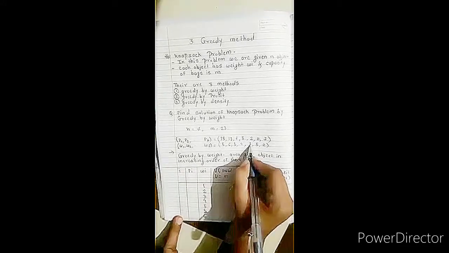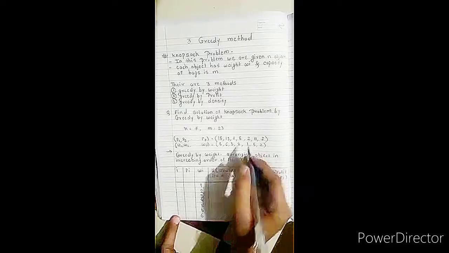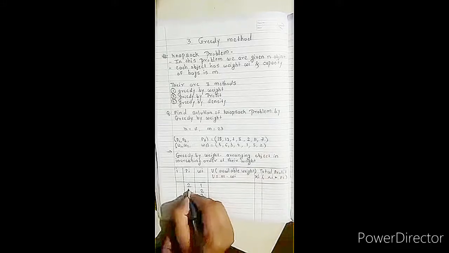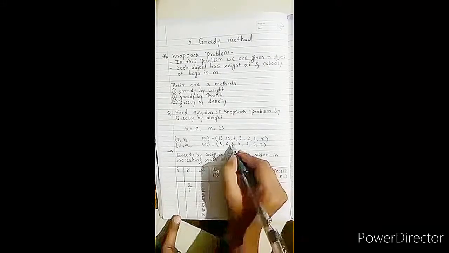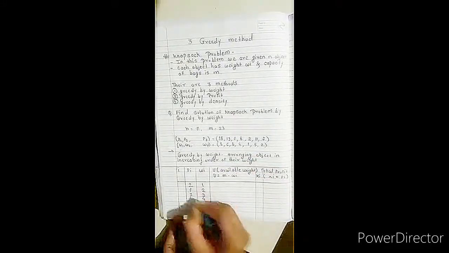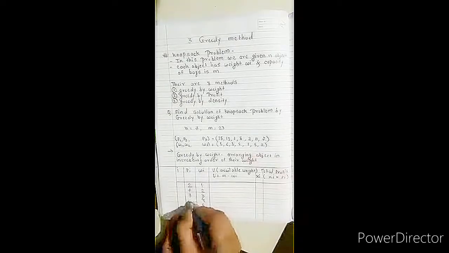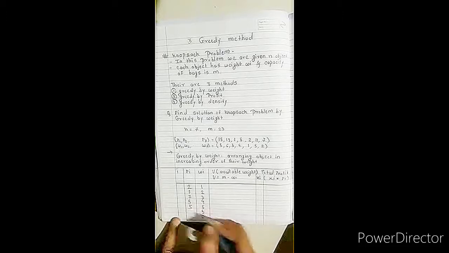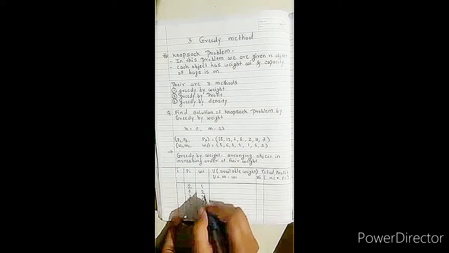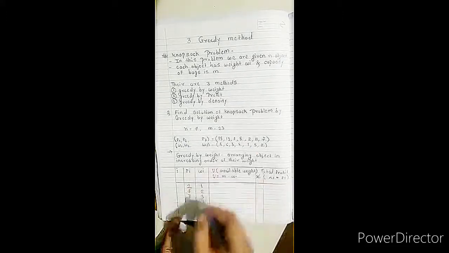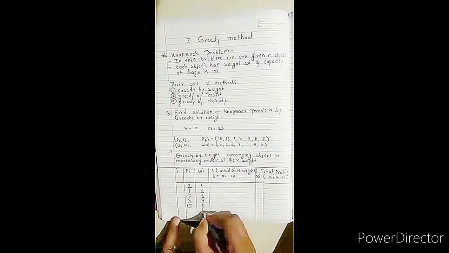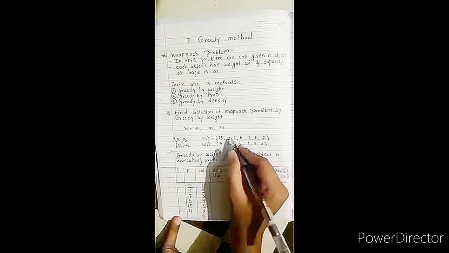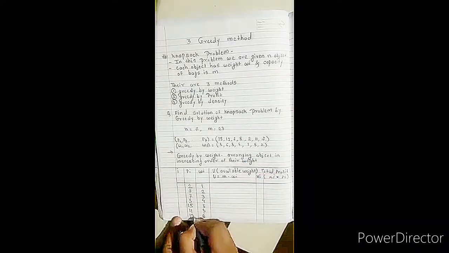So weight 1 has profit 2, weight 2 has profit 7, weight 3 has profit 7, weight 4 has profit 5, and similarly weight 5 has profit 15, weight 5 has profit 11, weight 6 has profit 19.